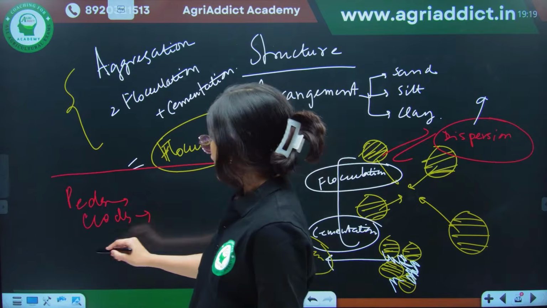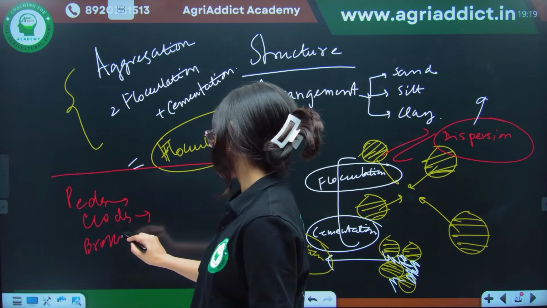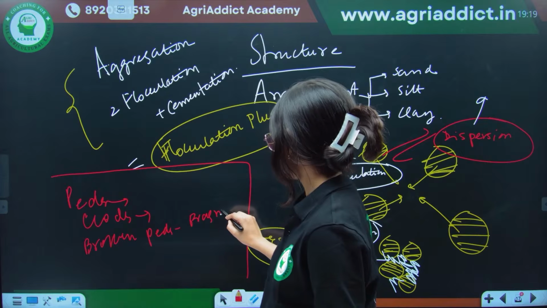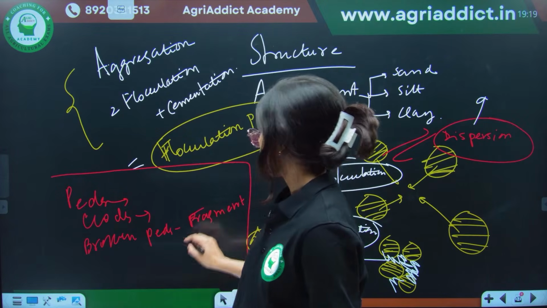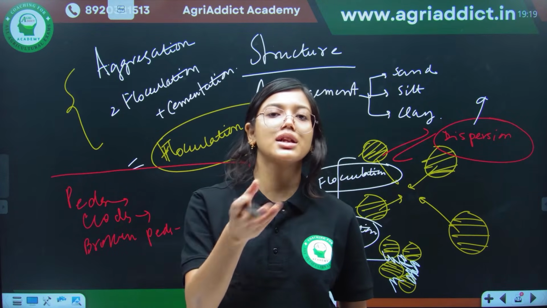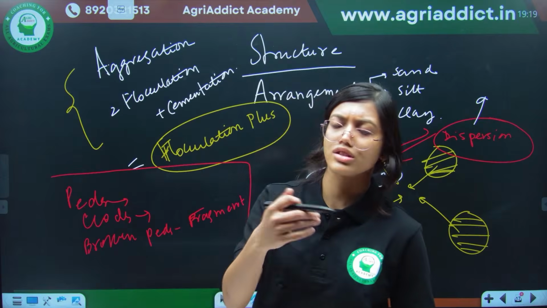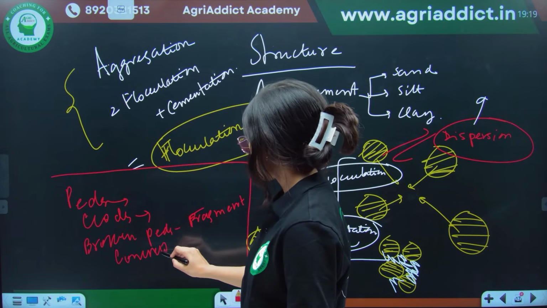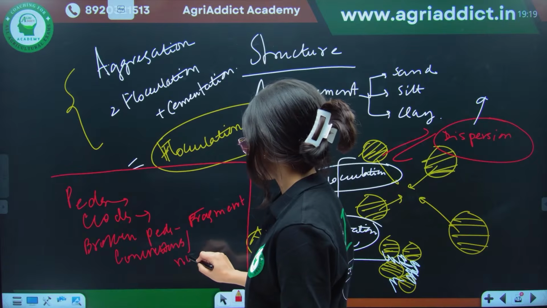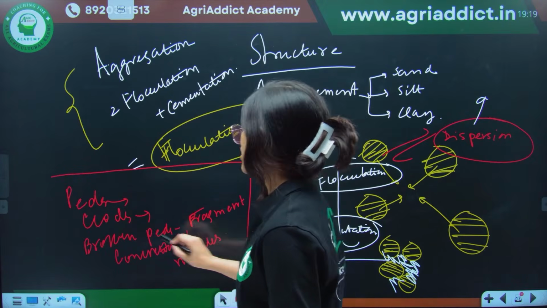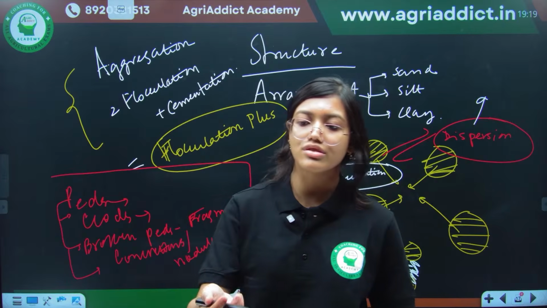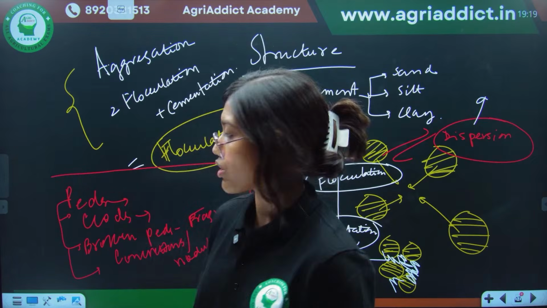If you have broken peds, then it is called fragments. And if you have other depositions of either sesquioxides or calcium carbonates, then it forms concretions or nodules. Clear? So these are the different arrangements of the secondary structures that might be present in your soil.